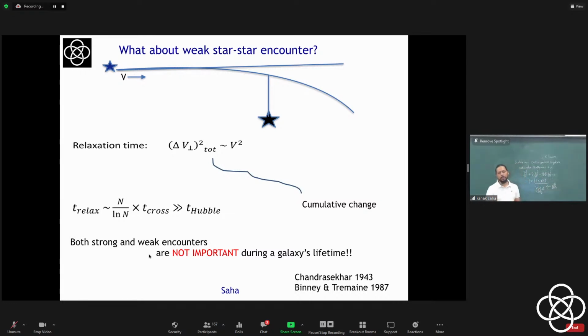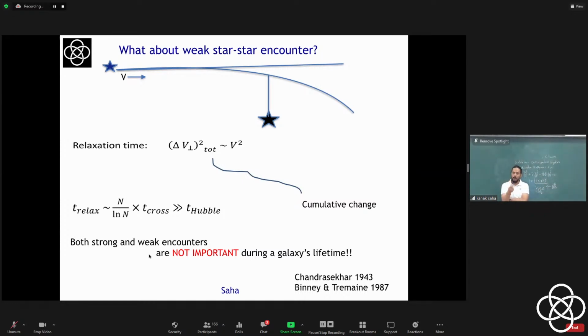You would be surprised to see the kind of accuracy that we look for. Hipparcos, in the 90s, was the satellite which measured the positions and velocities of about 100,000 stars with something like milli-arc second accuracy.